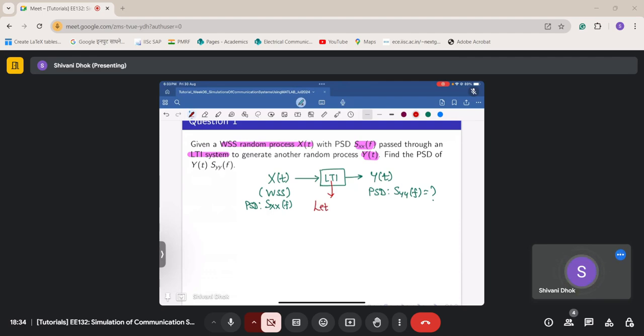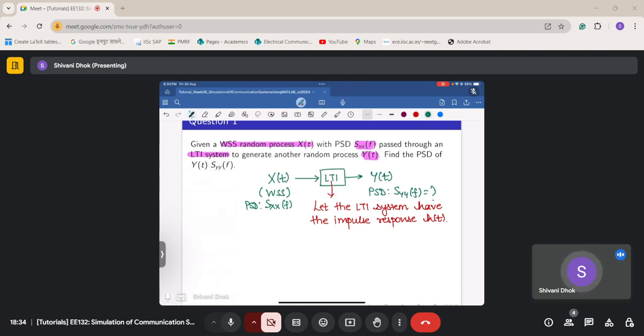So let the LTI system have the impulse response h(t). And what do we mean by impulse response?